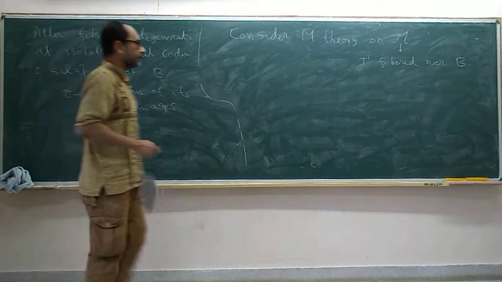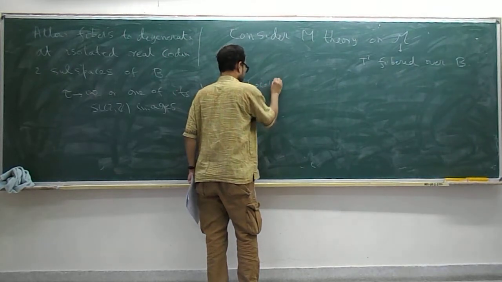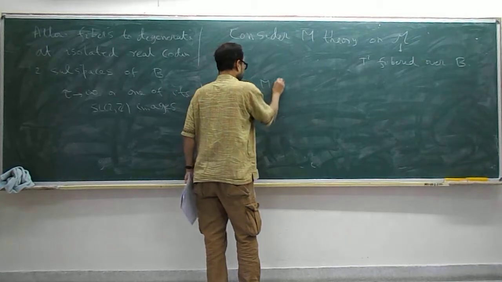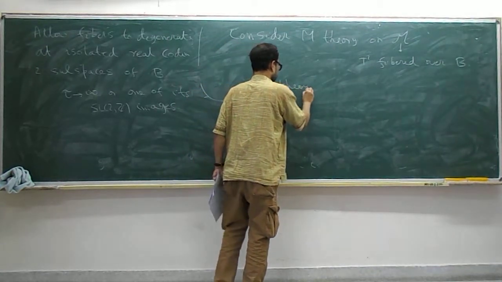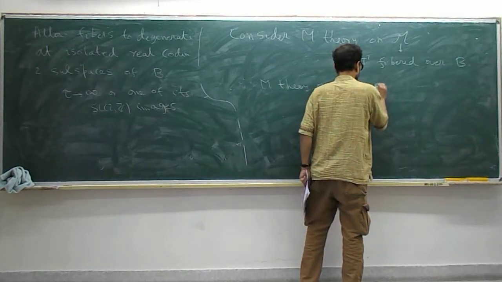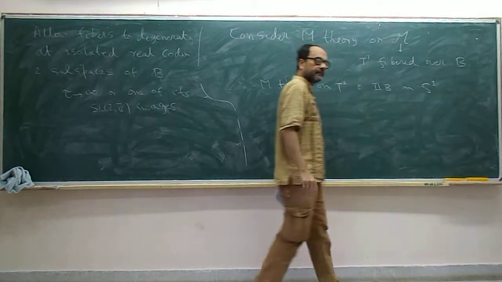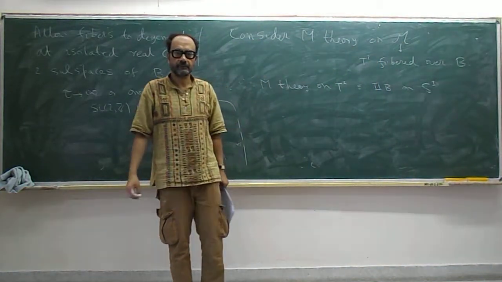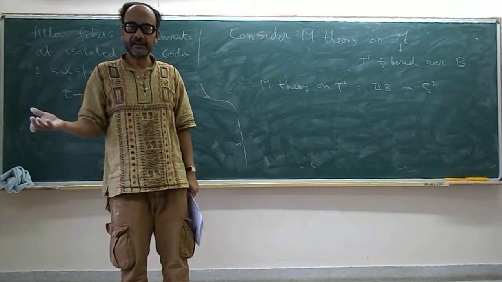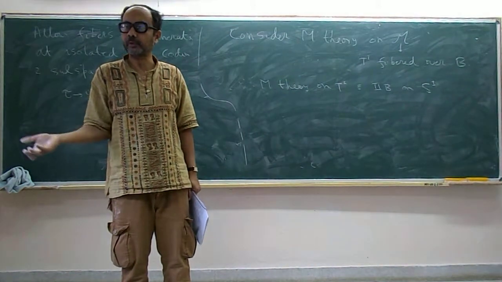Now we use the fact, which we will come to later, that M theory on T2 is equivalent to type 2B on S1. Why? Because M theory on S1 is type 2A. So M theory on S1 times S1 is 2A on S1, which is equivalent to 2B on S1.